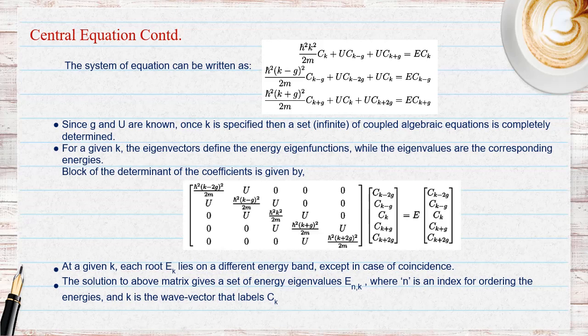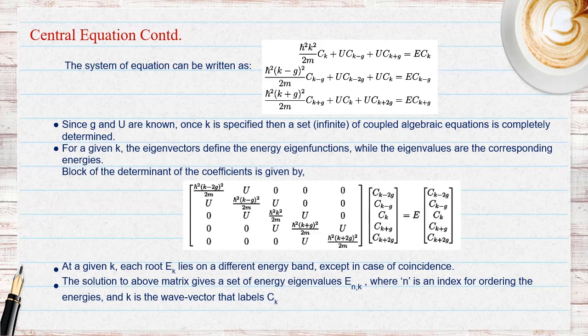Actually there are an infinite number of coefficients, so the full matrix will be an infinite one, but in order to solve this we truncate after five terms. So we are only considering five rows here, and the terms after this will be truncated.